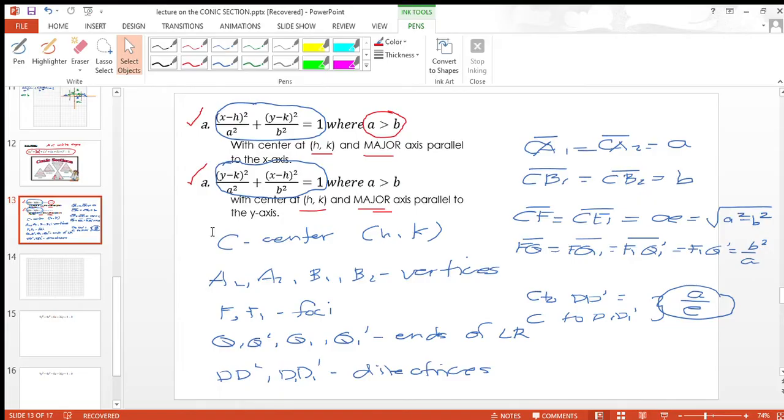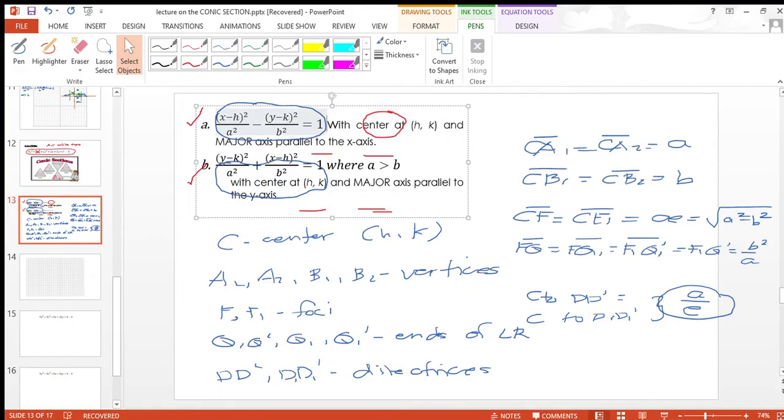So for this slide, we have used this slide for the ellipse. And if we will now compare the standard form of the hyperbola with the standard form of the ellipse, similarly, it would look something like this, but this time, this will become minus, and then the condition A greater than B will no longer happen.